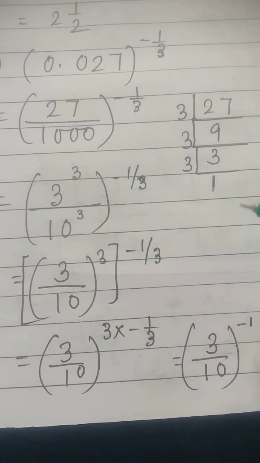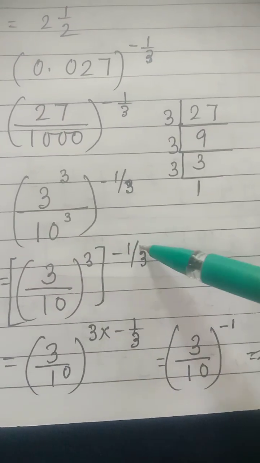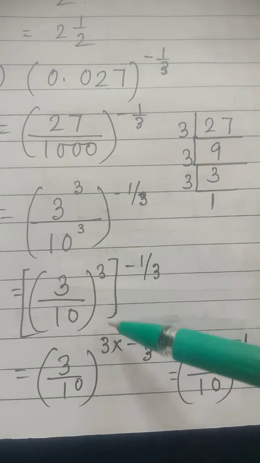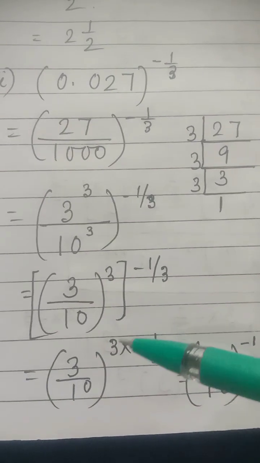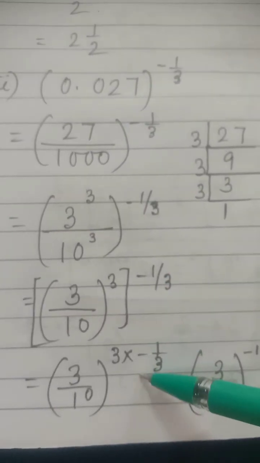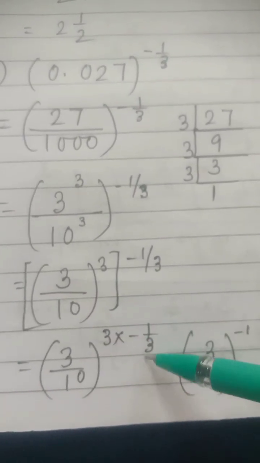Now again, as per the previous laws, we can multiply these powers, because this law is already explained in the previous part. So 3 by 10 to the power 3 into minus 1 by 3. Now this 3 and 3 will be cancelled.